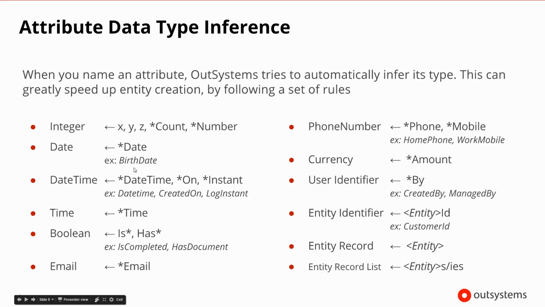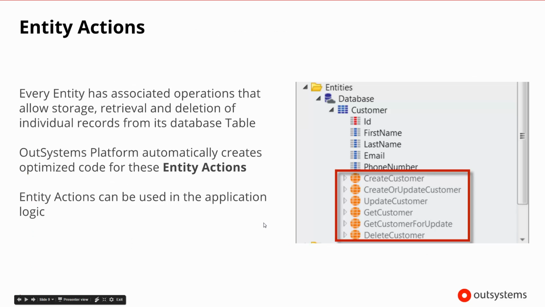If you gave it something like a birth date, that has date inside of it, so it'll know that it's a date. So here are a lot of different examples of the types of things that if you give an entity's attribute a particular type of name, it will go ahead and try to figure out the data type for you. So the platform's just trying to suggest things that make sense and make us more productive by doing these things a little bit faster.